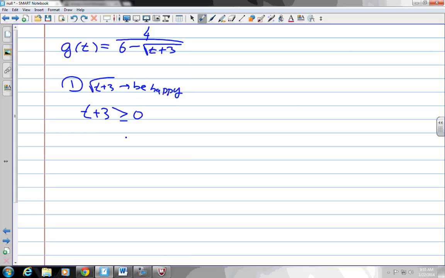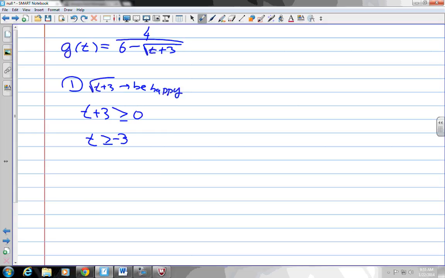By the way, if I change this to an 8th root, it wouldn't change the way you make that happy. It will change the way you make the denominator happy, but the square root will stay kind of the same. So that's simple. T has to be greater than or equal to negative 3, right? So for this entire function, you cannot consider t values that are less than negative 3.